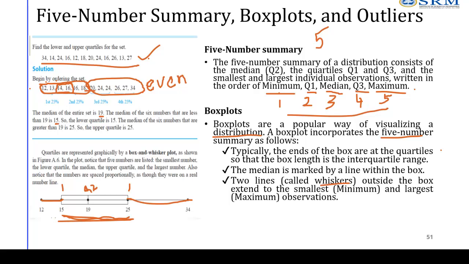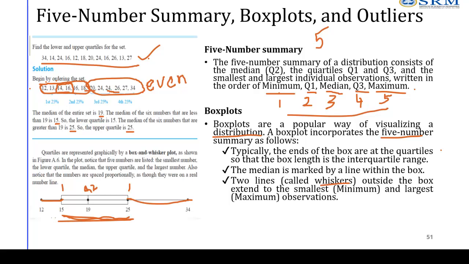And for the second set, 24 plus 26 divided by 2 will be 25. So for the lower quartile, Q1, the median is 15, and for the upper quartile, Q3, the median is 25.